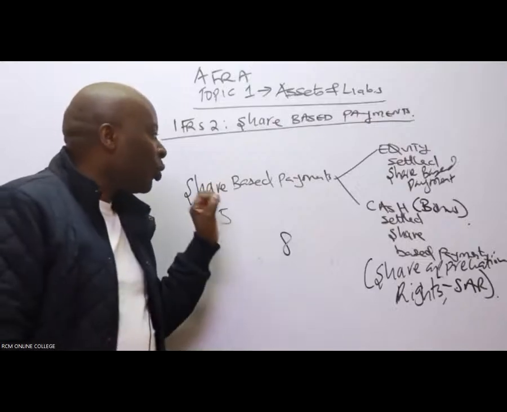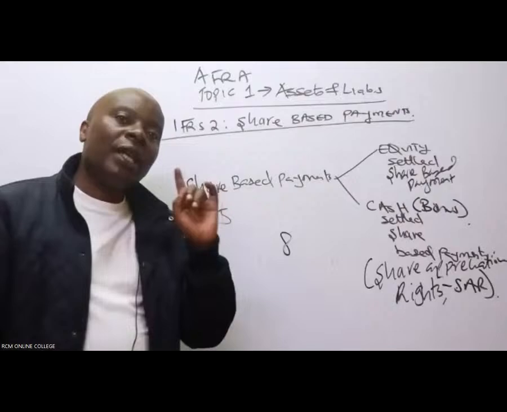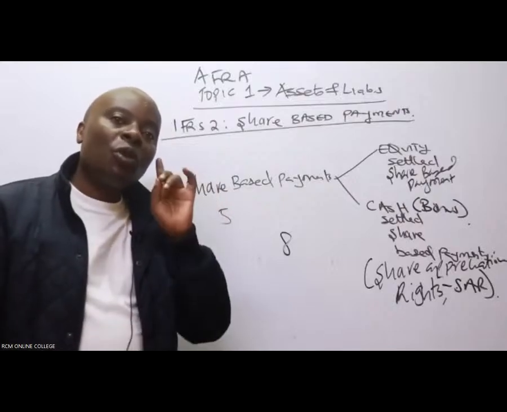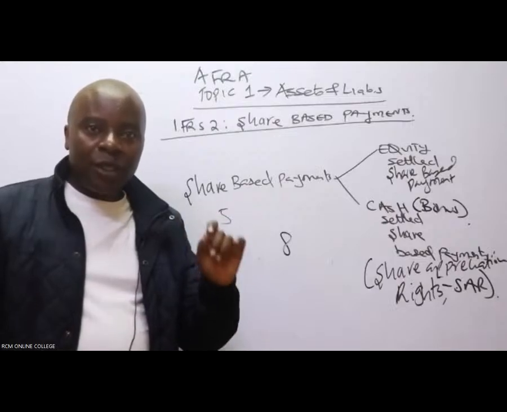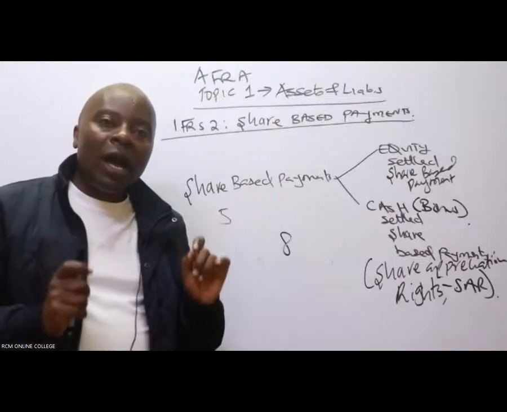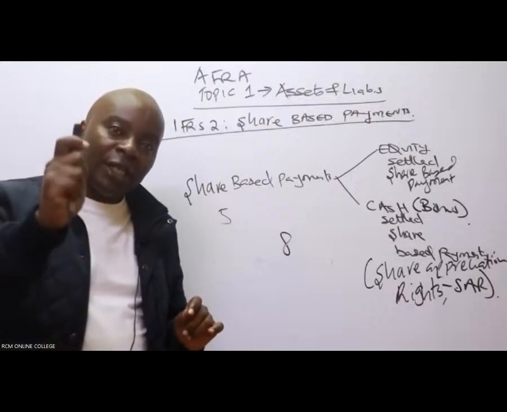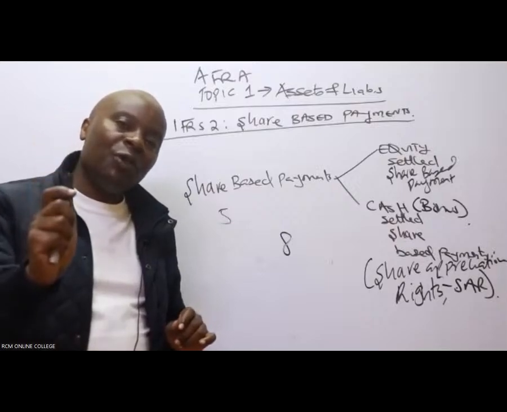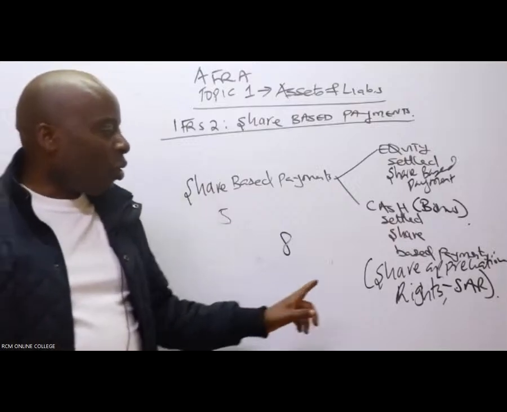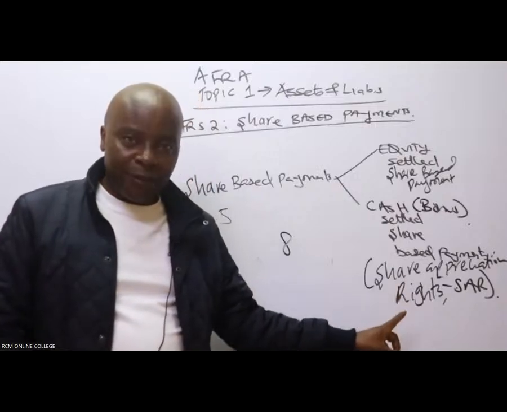Or we have got those types of share-based payments where at the end of the day we shall end up giving what we call bonuses or cash. Cash, which is pegged on how aggressive the management is in terms of driving the share price. If the share price goes up, then automatically we shall be able to give you some bonus there. What we are calling the share appreciation rights, SAR.